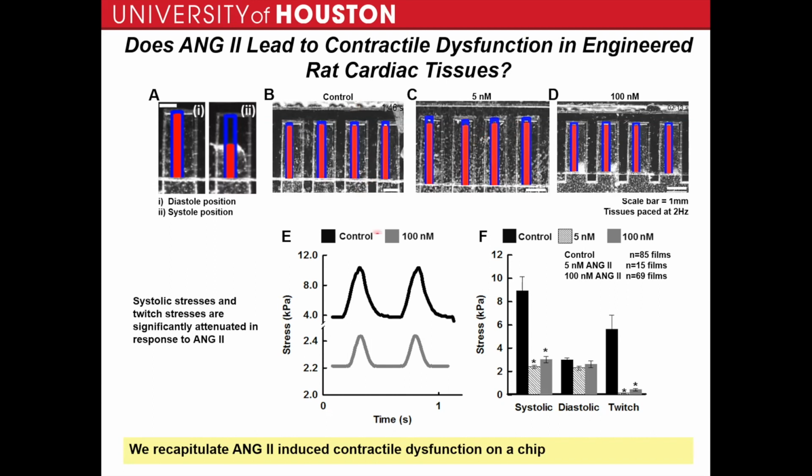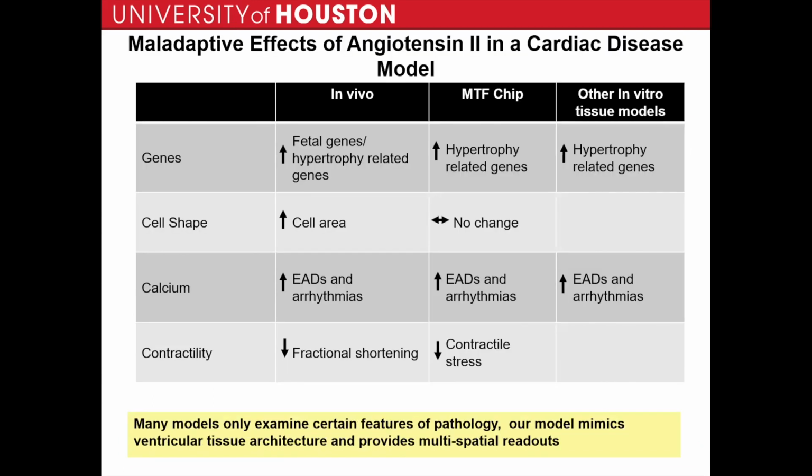What we wanted to do then was compare our model to in vitro and in vivo studies. Within our system, we saw an upregulation in hypertrophy-related genes. We saw an upregulation in early afterdepolarization and arrhythmic events. And we also saw a decrease in contractile stress, which matched what was seen within in vivo models. But we were not able to capture the morphological changes that you would expect to see during cardiac dysfunction or cardiac failure.